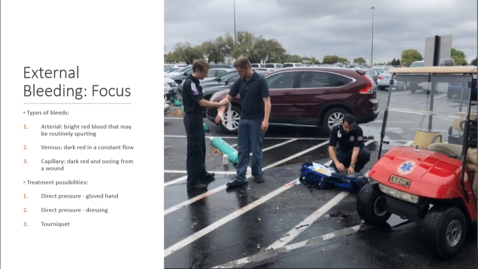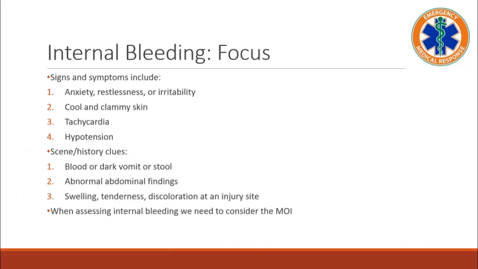Treatment possibilities kind of depends on the situation. Maybe it's an arterial bleed and we just have to put direct pressure with our hand, with the glove on, of course, until we can get something better on it. We could use a dressing, a pressure dressing, something like that. Or if it's on an extremity, we could use a tourniquet if we think that would be necessary.